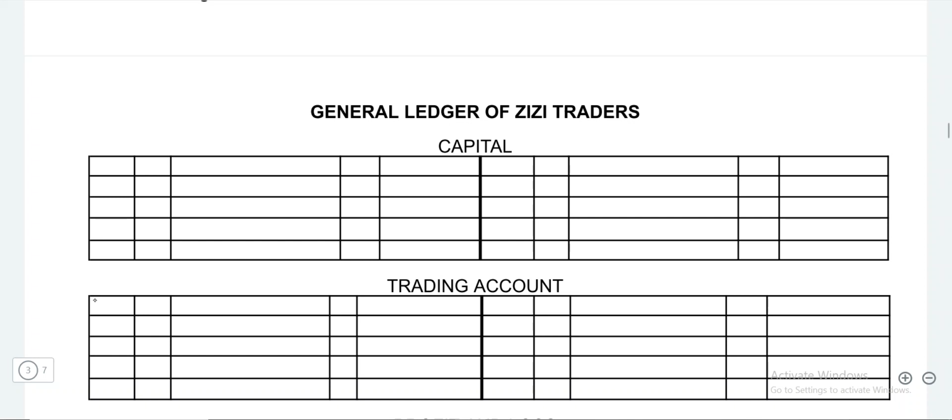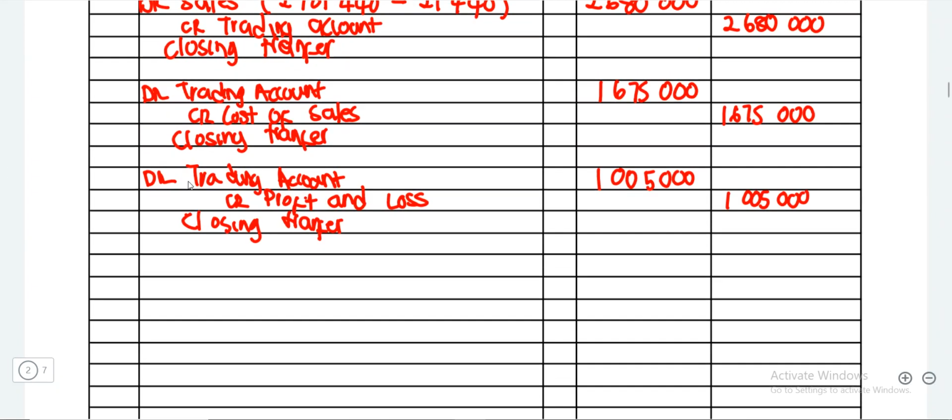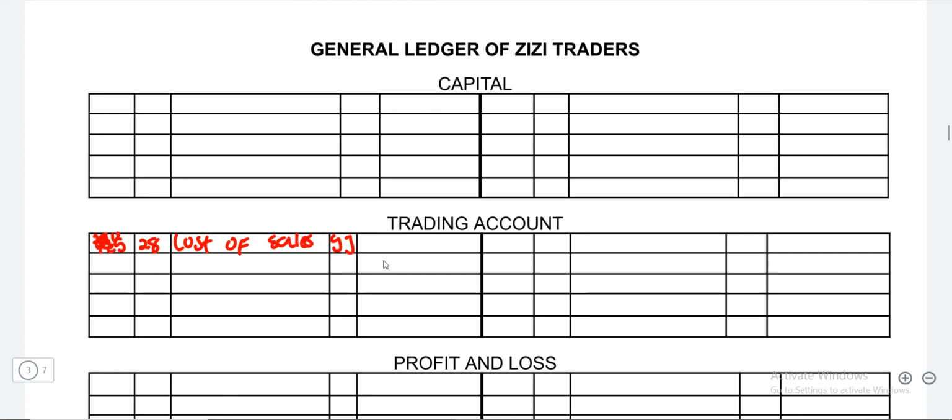So we're going to say on 28 February 2012, the 28th here would have cost of sales. And remember we saw this in the general journal, and then we said our cost of sales was 1,675,000. So that 1,675,000 will come here.